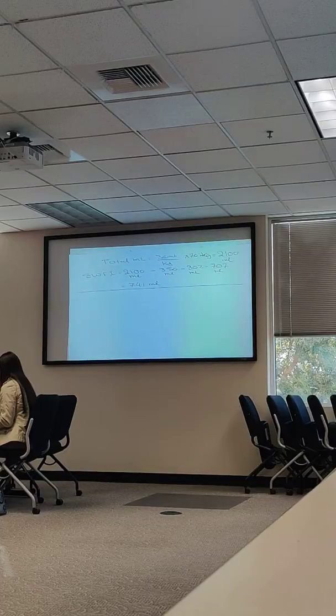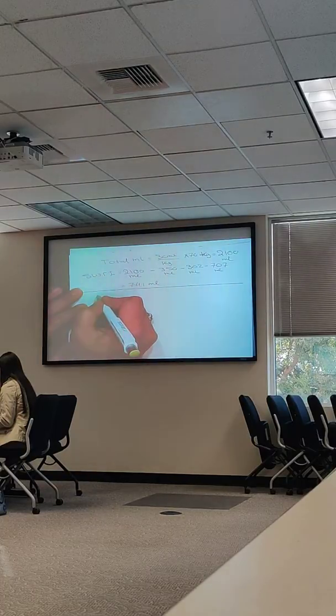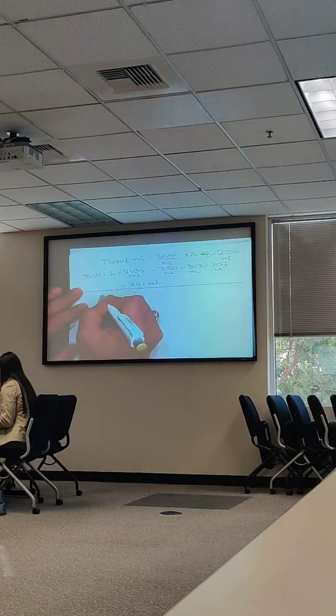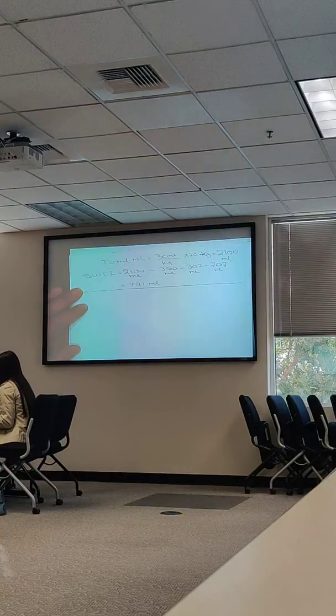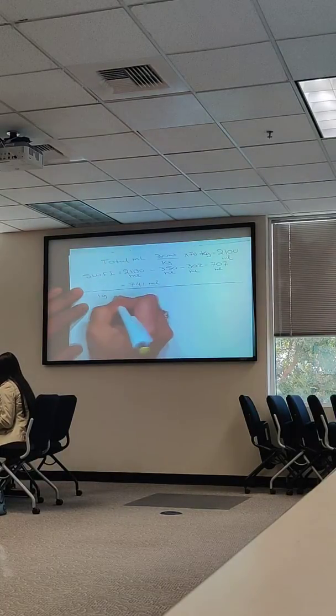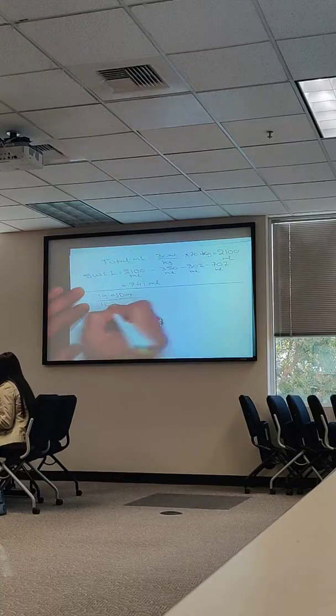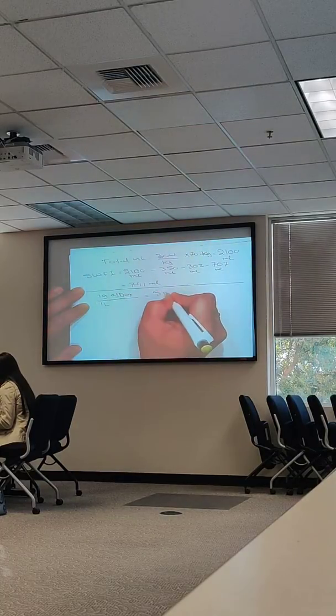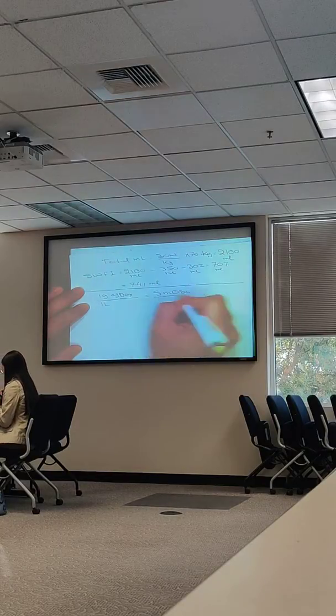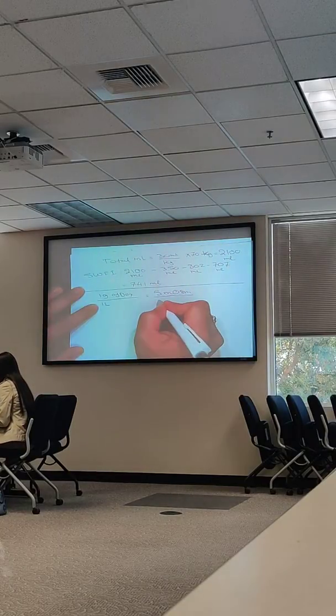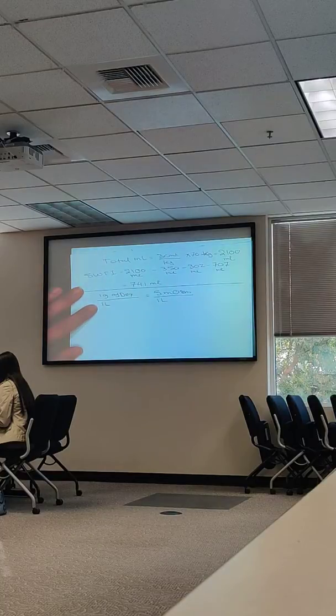So let's now calculate osmolarity. If you remember what we said, each 1 gram of dextrose per 1 liter provides 5 milliosm per 1 liter.